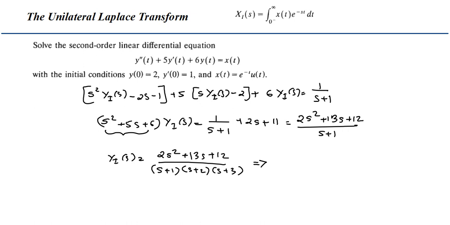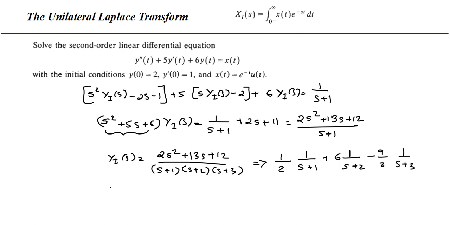After the partial fraction, I think you are comfortable with partial fractions, you will get 1 by 2 into 1 by s plus 1, plus 6 into 1 by s plus 2, minus 9 by 2 into 1 by s plus 3. So we will get 3 terms, and now we can take the inverse Laplace transform.